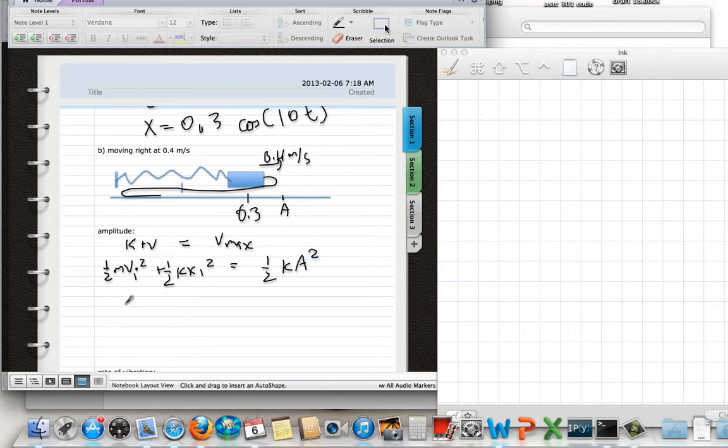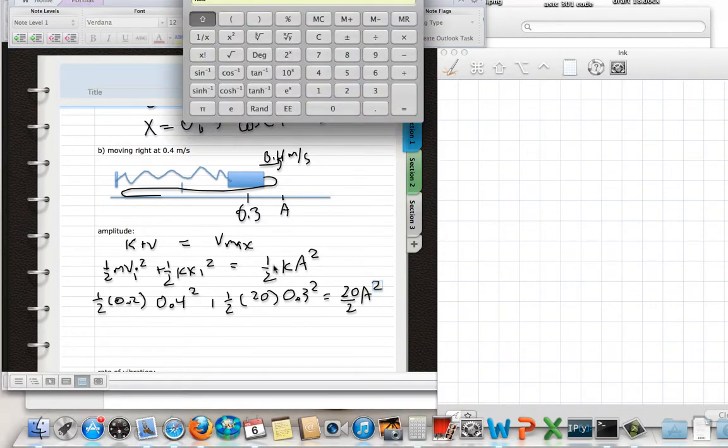So the mass is still 0.2. The initial speed is given as 0.4. The spring constant is still 20. The initial stretch is 0.3. And we have to solve this equation for the amplitude A.